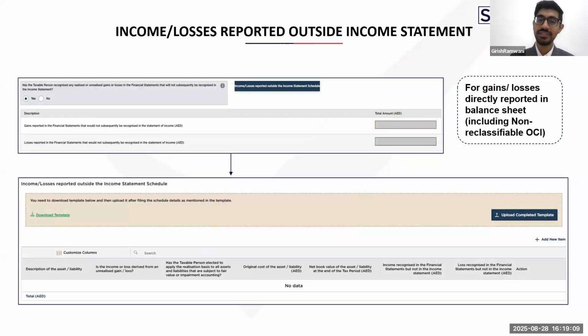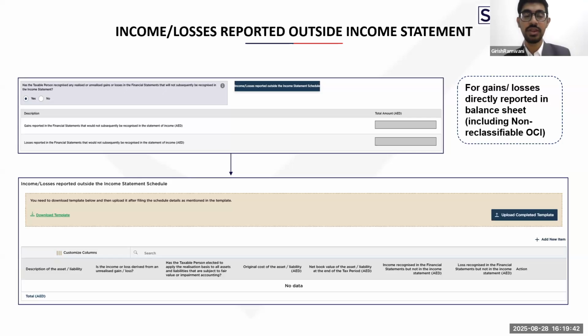The first important schedule is any income or loss that you have reported outside your income statement. Basically, this schedule is relevant if you have recognized any kind of gain or loss in your balance sheet directly, or you have any gain or loss which is not routed through your P&L. That gain or loss has to be reported, and that has to be considered in computing your taxable income.